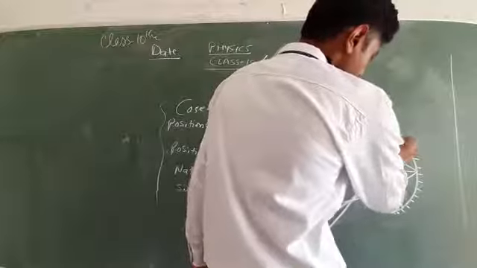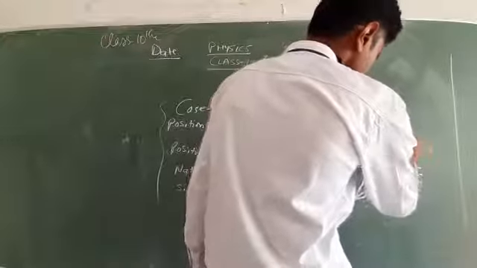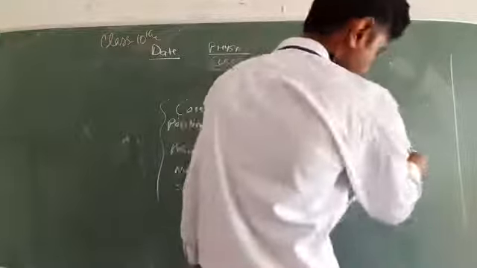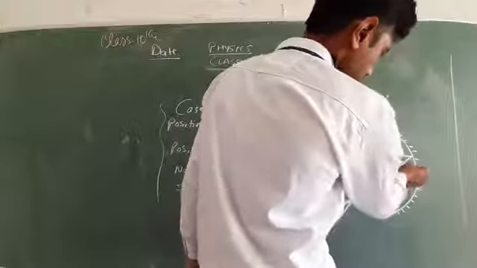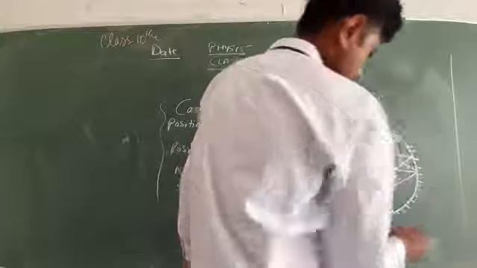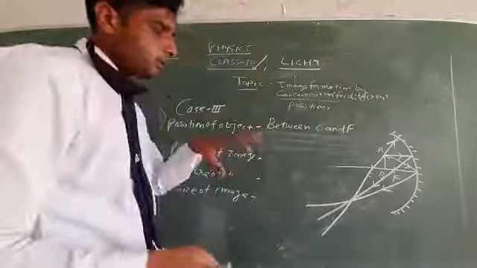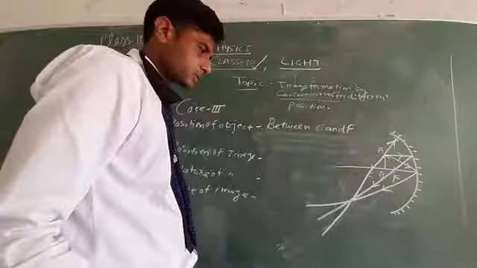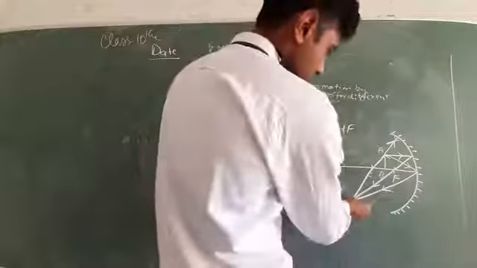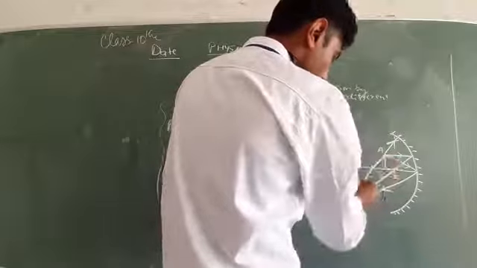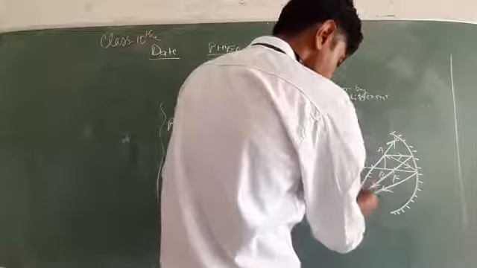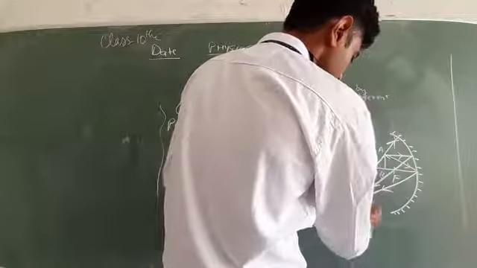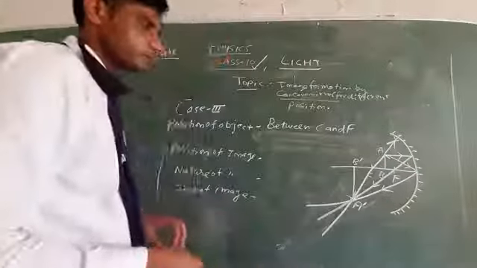In this ray, reflection will take place like this. In this ray, like this, and in this ray it is like this. All rays intersect at this point. So this is the position of the image. This is B dash and this is A dash.